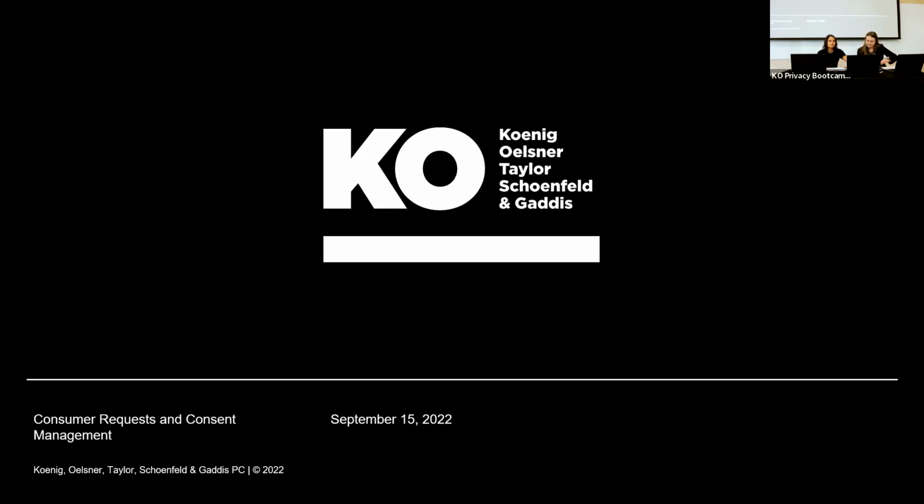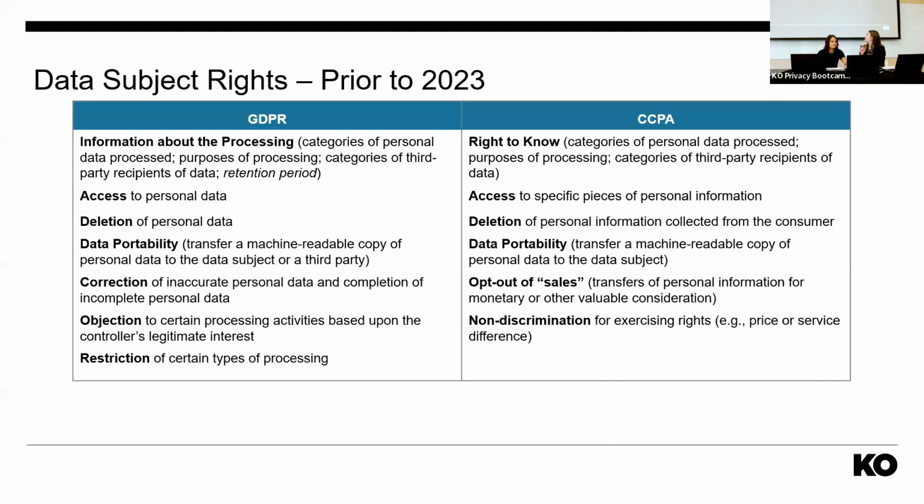So we're similarly going to, here we go. Okay. So just as we did before, we're going to start here with what are the current regimes we're working under when it comes to consumer rights.